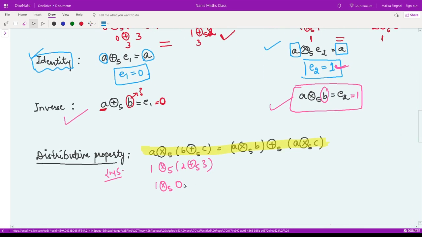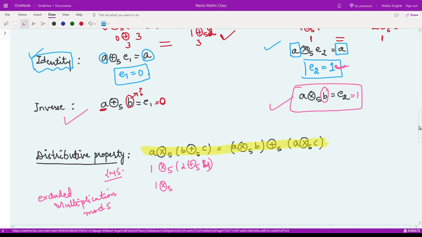So we cannot take these numbers because 0 is excluded from the group of multiplication mod 5, right? We cannot take 0 over here. So we can take any other number. Let me take 4 here, right? So let us see what we obtain then.